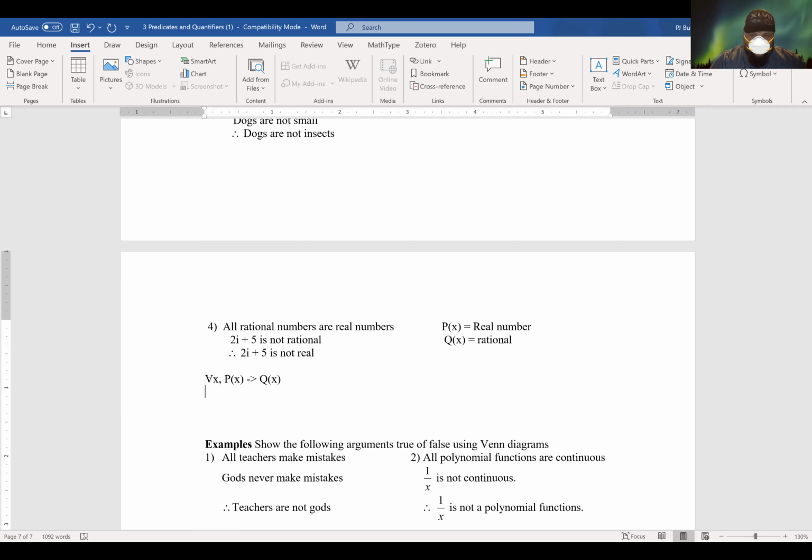Right, and we should know that. So if that number is not rational, then we get not Q of X.